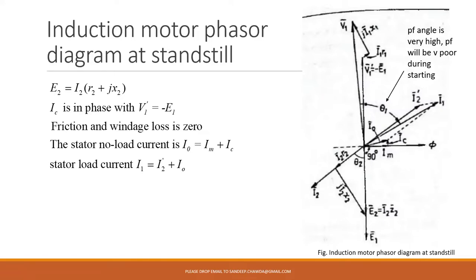Now you have V1 and you have I1. The angle between V1 and I1 will be called the power factor angle of the stator, which is theta 1. If you pay attention, you will find that this cos theta 1 will be very low. Why? Because the angle is high. You know that cos 90 reaches 0, and cos 0 is 1.